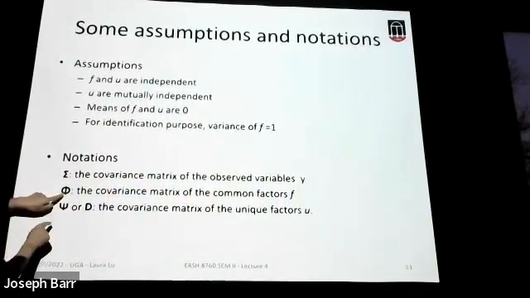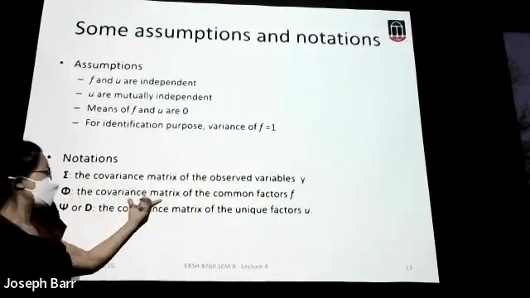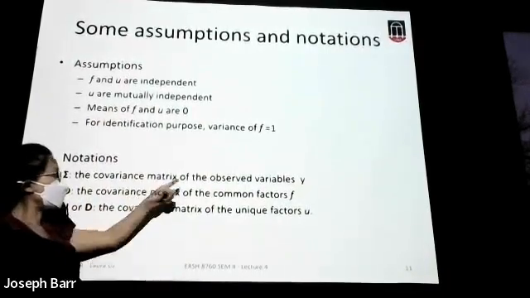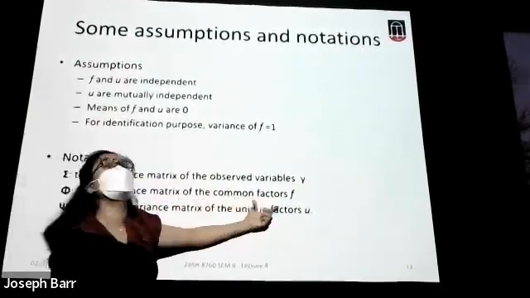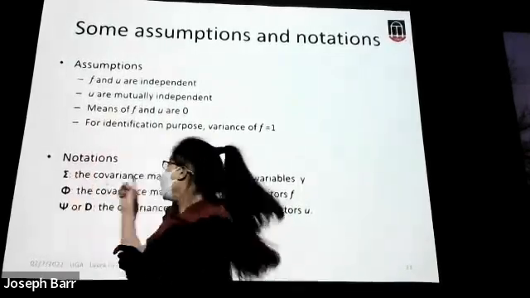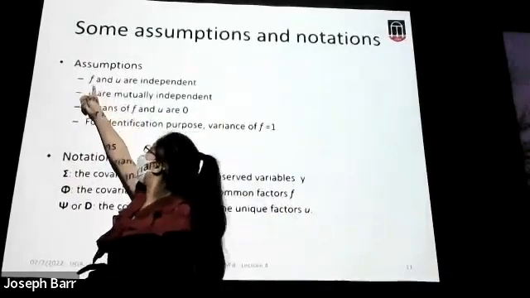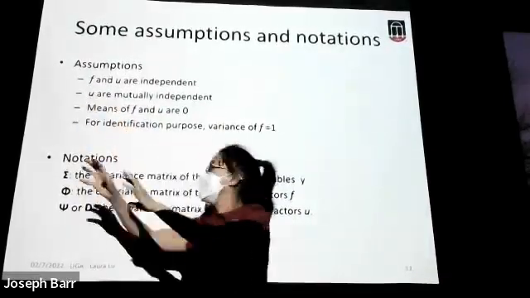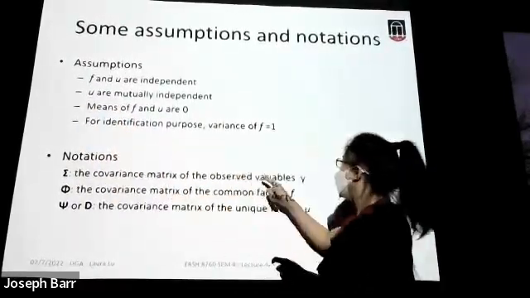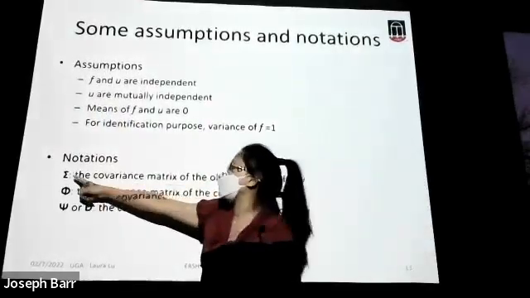Phi, what is that? This is a covariance matrix, but not for Y. This is for the common factors. Y can be decomposed into two parts, the F part and the U part. Together, we have the covariance matrix of Y, for which we use capital sigma.